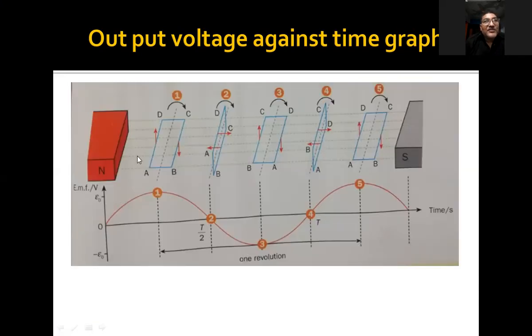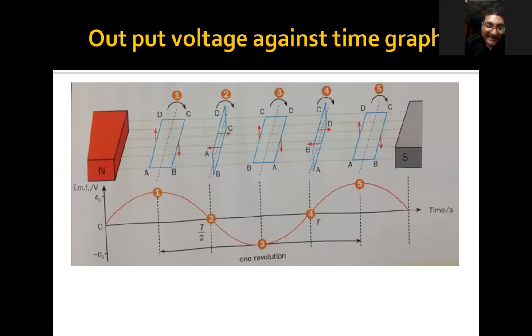So he has explained all these 5 positions, and when the coil is horizontal, the EMF induced in it is maximum. The reason is the rate of change of magnetic flux is maximum. When the coil is vertical, the EMF induced is zero.